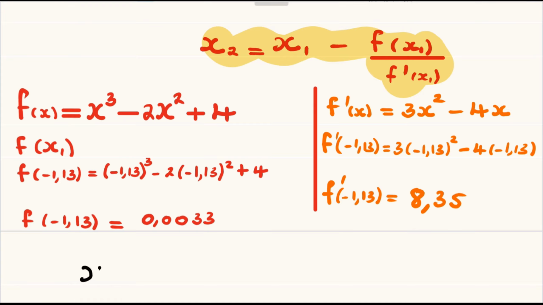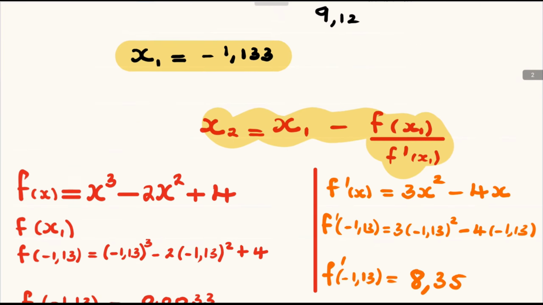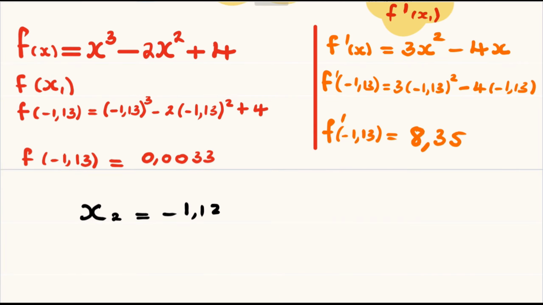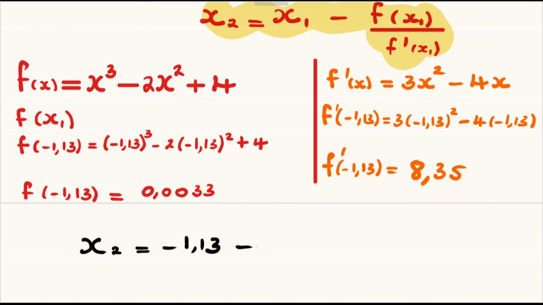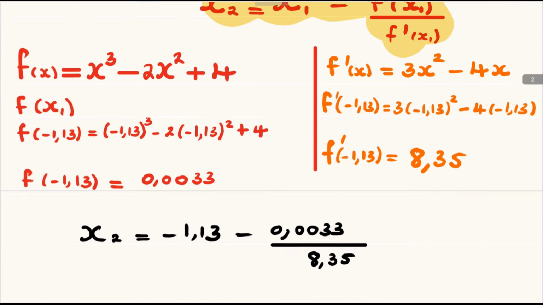So our x2 will be equal to x1, which was negative 1.133, minus f of x subscript 1, which is equal to 0.0033, divided by f prime of x subscript 1, which is equal to 8.35.